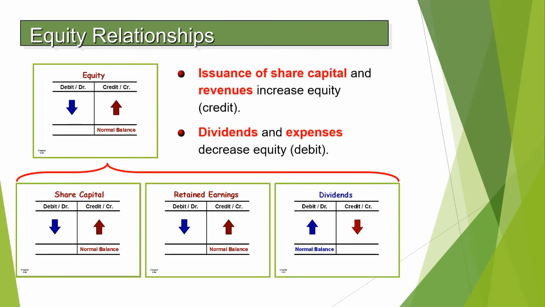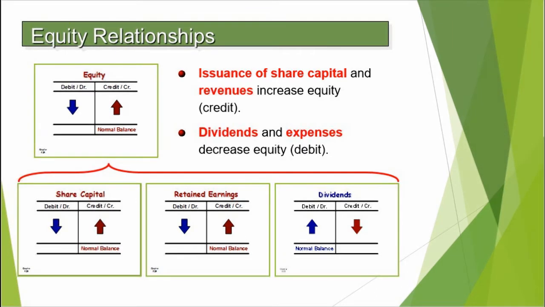Remember that the companies report share capital ordinary and retained earnings in the equity section of a statement of financial position. They report the dividends on the retained earnings statement, and they report the revenue and expense on the income statement.